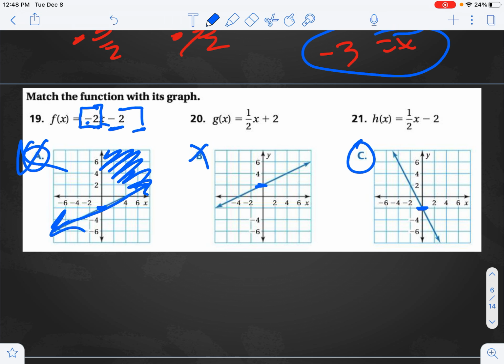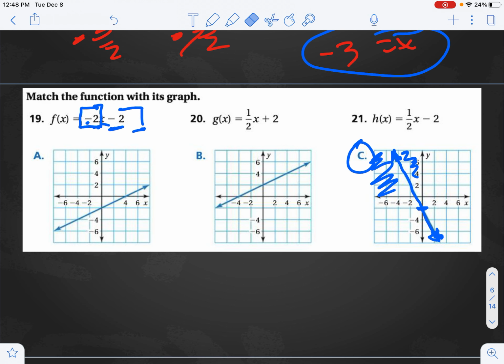Now, by default, we could see that it is letter C, but just to make sure, look, this graph is going up in the negative direction towards the second quadrant. So we did math, but we didn't really do math, and we found, just by the process of elimination, that letter C goes with number 19.